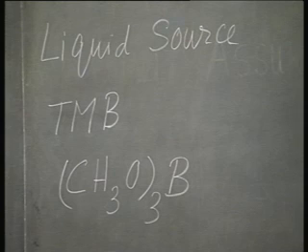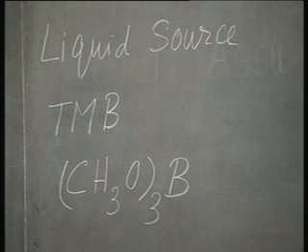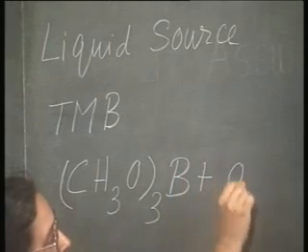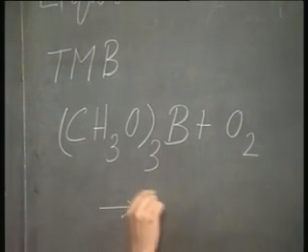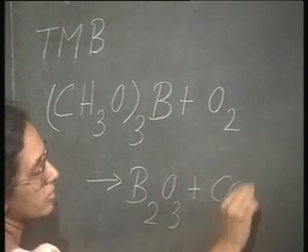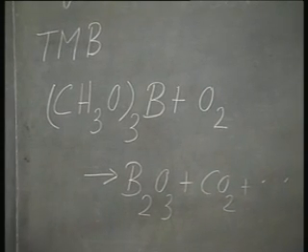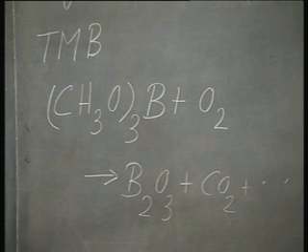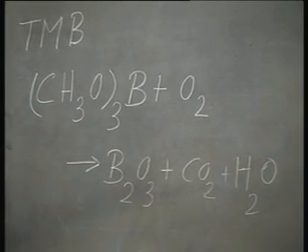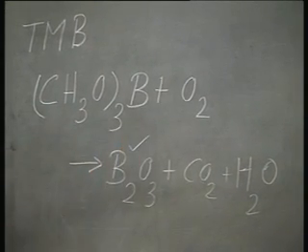This is the trimethyl borate, CH3O. This methyl group is there, 3 of them. So, this trimethyl borate can also be made to react with oxygen to form B2O3 plus carbon dioxide plus water. Okay. But what we are interested in is the formation of B2O3.